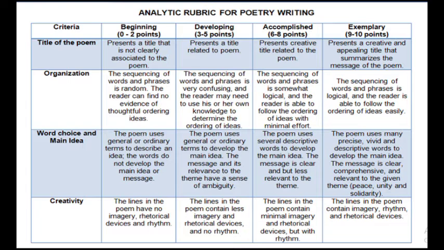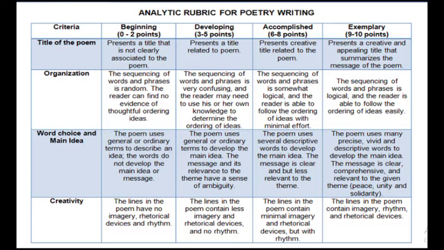For beginning, it presents a title that is not clearly associated to the poem. For developing, it presents a title related to the poem. For accomplished, it presents a creative title related to the poem. And for exemplary, it presents a creative and appealing title that summarizes the message of the poem.